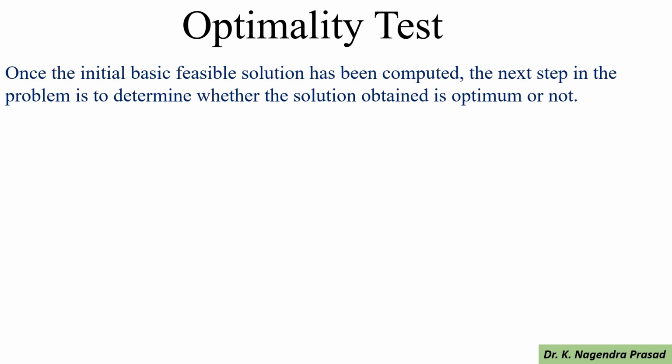In this lecture, we will discuss the basic procedure for the modified distribution method, that is the MODI method, to find an optimal solution of a transportation problem. For the solution of the transportation problem, first we have to find the initial basic feasible solution by the northwest corner rule method or least cost method or VAM method.